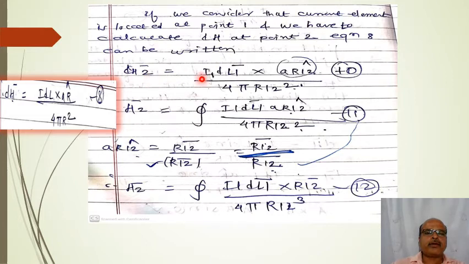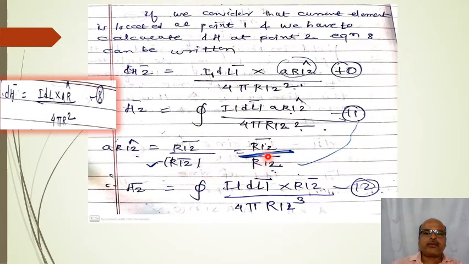Then if we integrate equation 10, we get H̄₂ = ∮ I₁ dl₁ × âR12 / (4πR12²). Here the âR12 term is a unit vector. We know the formula for the unit vector: âR12 = R̄12 / |R̄12|, and the magnitude of R̄12 is R12.